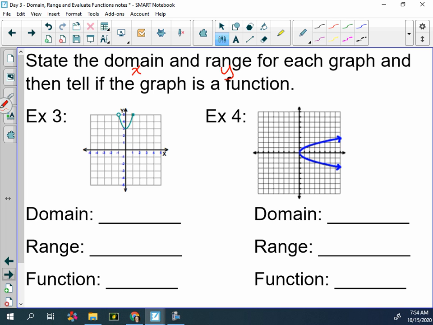So what you want to focus on is I'm focusing left to right when I'm looking at domain, okay? Remember if I put a dot here, this ordered pair is 0, 3. So the x coordinate of that dot is the 0 on the x-axis. So I'm looking at how far left or right that graph goes.